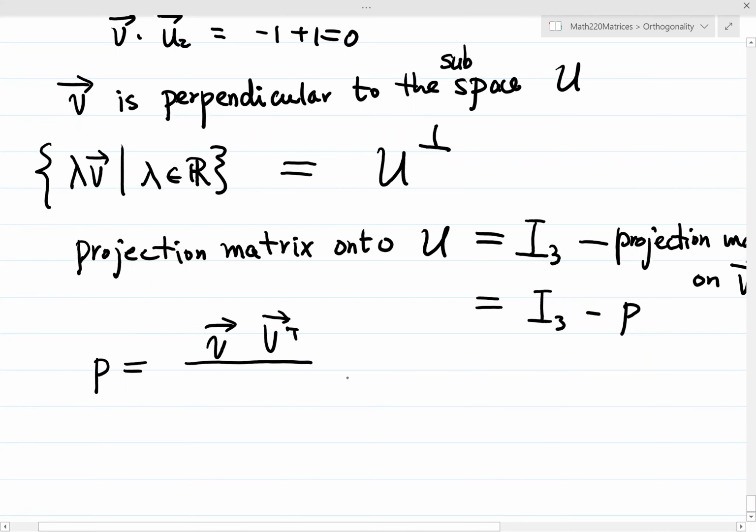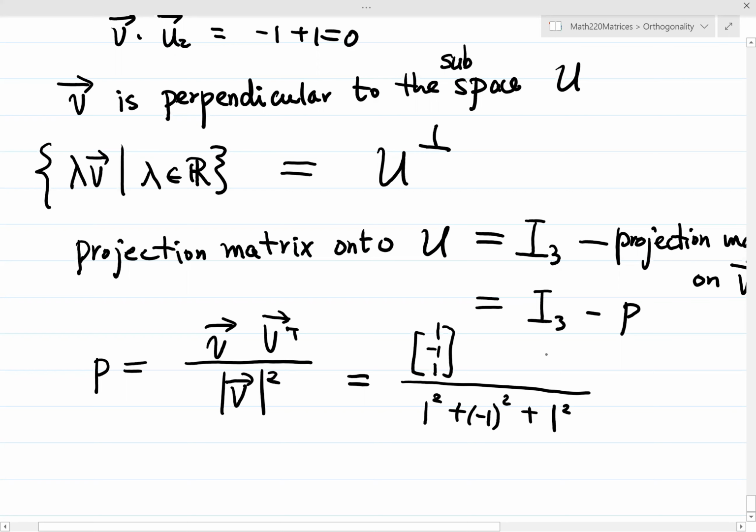Now you can easily find the norm of V squared. The three components of V are 1, -1, 1, so the norm squared is 1 squared plus -1 squared plus 1 squared, which is 3. So you get 1, -1, 1 times 1, -1, 1, with denominator 3, so 1/3.